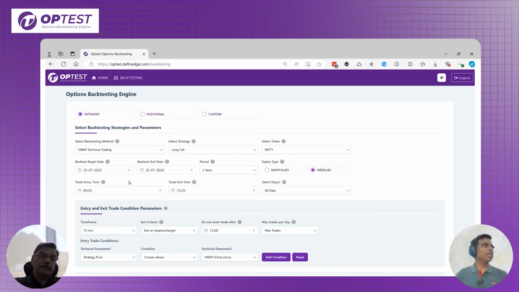So for example, let's say I want to do a short strategy. So you plot a VWAP on the straddle price chart. Okay, you plot at 15 minutes, 5 minutes, 30 minutes. It depends on people which time frame they want to use. So here we usually choose 15 minutes.